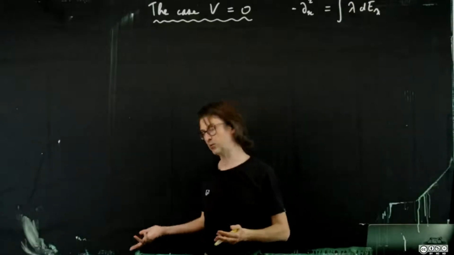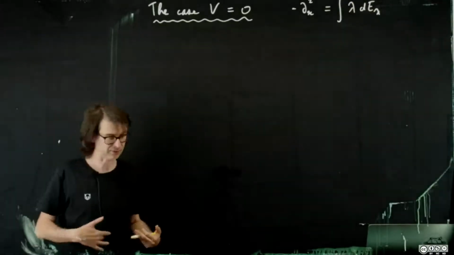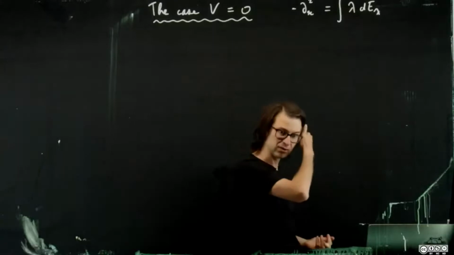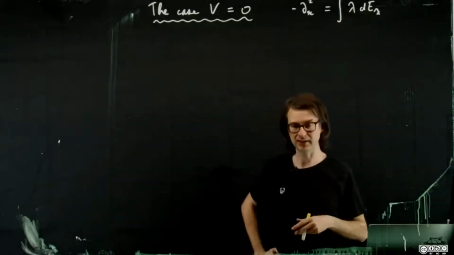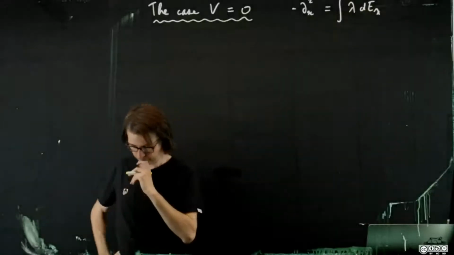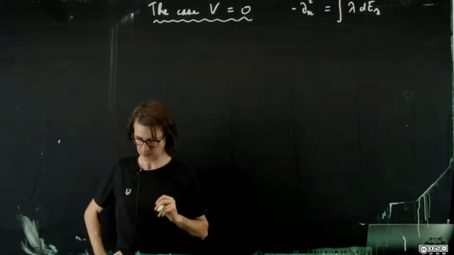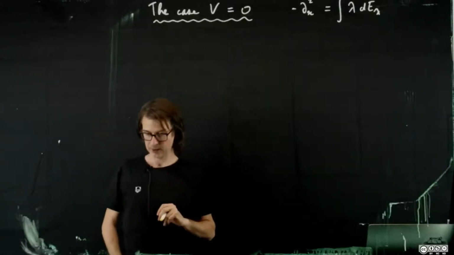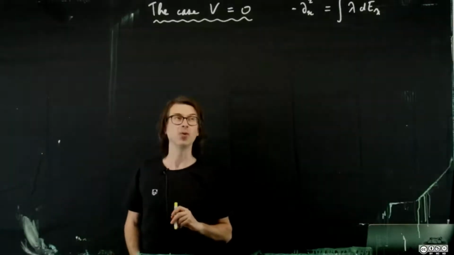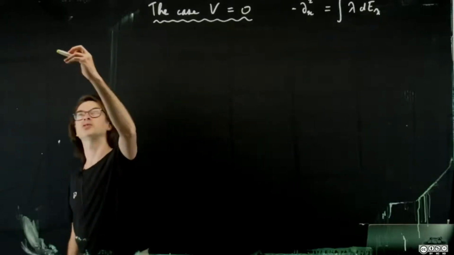But of course, we already know the answer. The answer is going to be provided by the Fourier transform, which achieves that if you write it in the right way. So we want to apply Stone's formula.